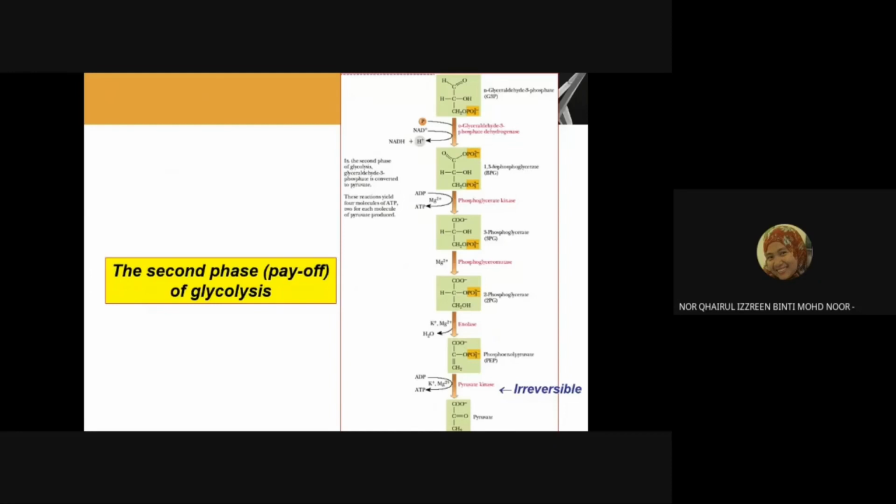So after step number 5 and at step number 6 here, you can produce ATP.